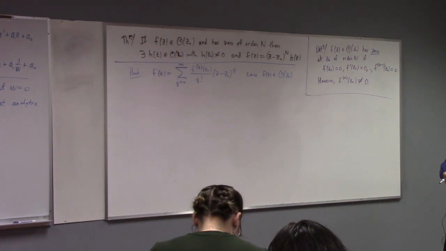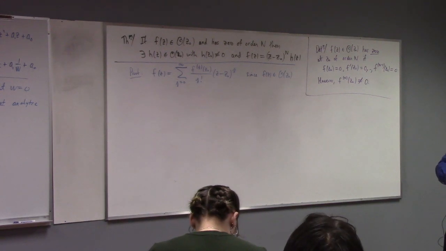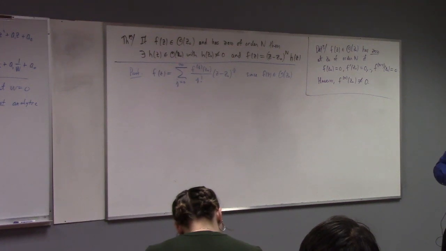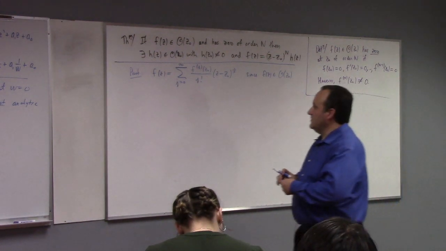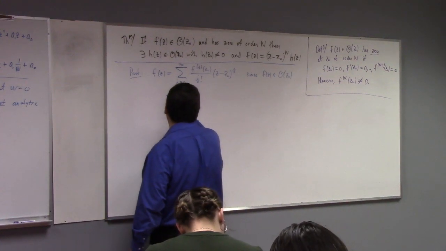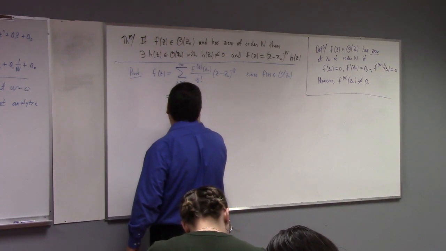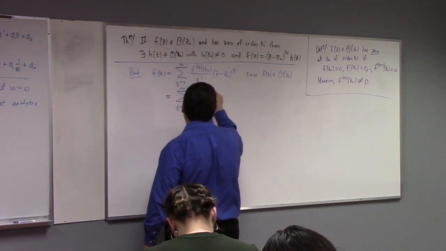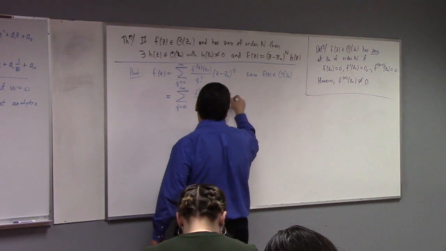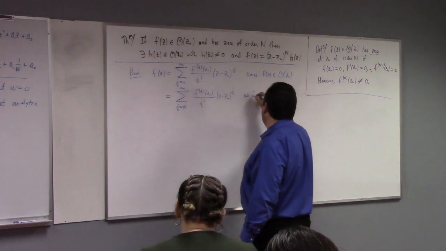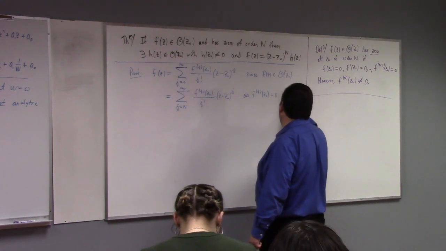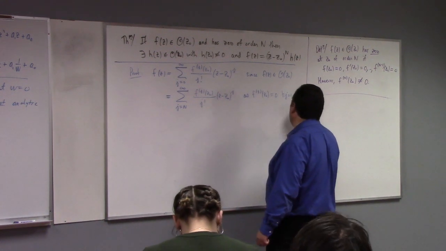So what happens to that summation? All the way up to order n minus 1, those are given to be 0. The coefficients are all 0. So this is equal to the sum j equals n to infinity of the jth derivative at z naught over j factorial times z minus z naught to the power j, as the jth derivative of f at z naught is equal to 0 for all j ranging from 0 to n minus 1.